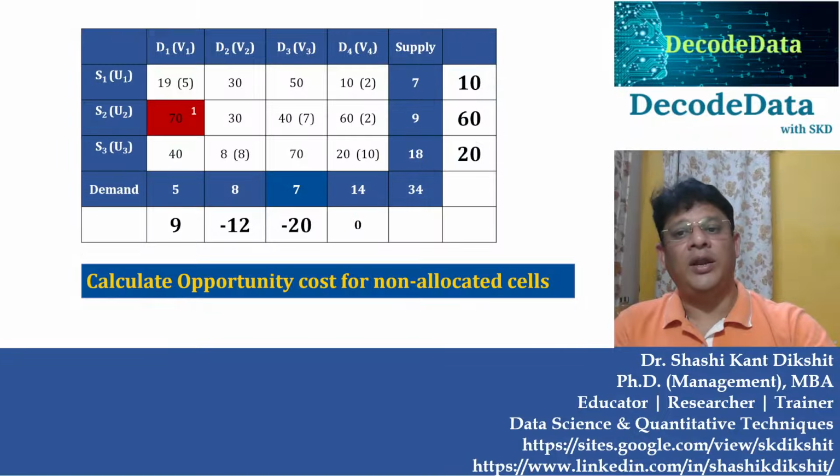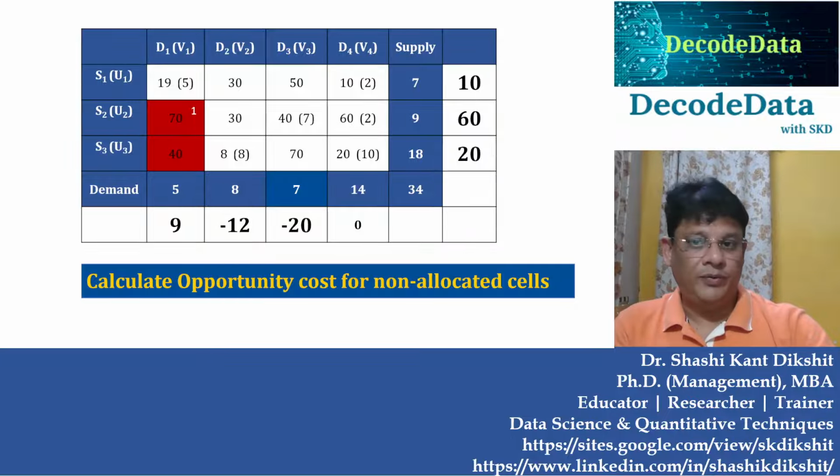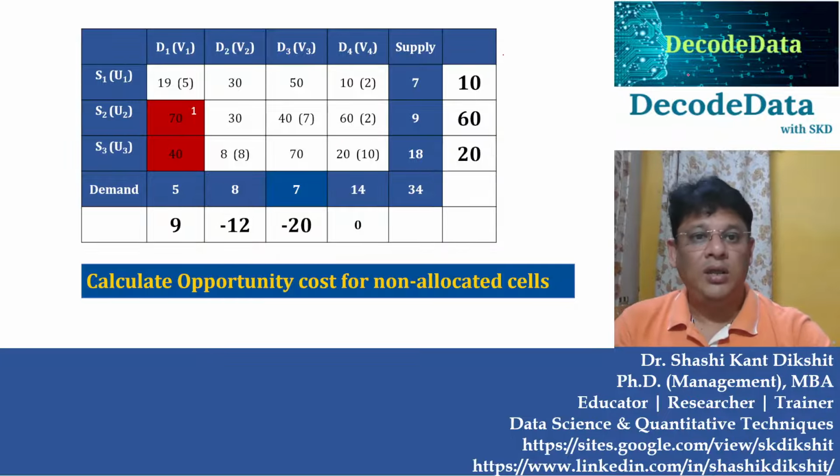Now let's take another cell, 40, right? In this case 40 is basically u3 plus v1, right? u3 v1. So 40 minus u3 plus v1, where u3 is 20.